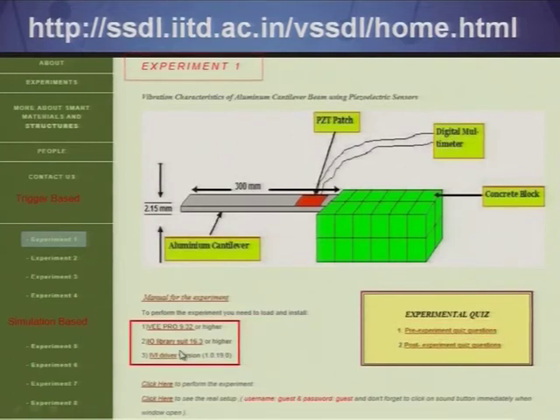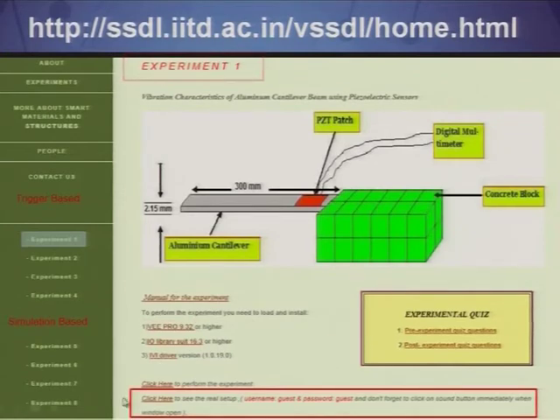Next, to perform the trigger based experiment the user requires the vPro software. So, we have given the links to download the software on the website, and the user can install the software from these links.